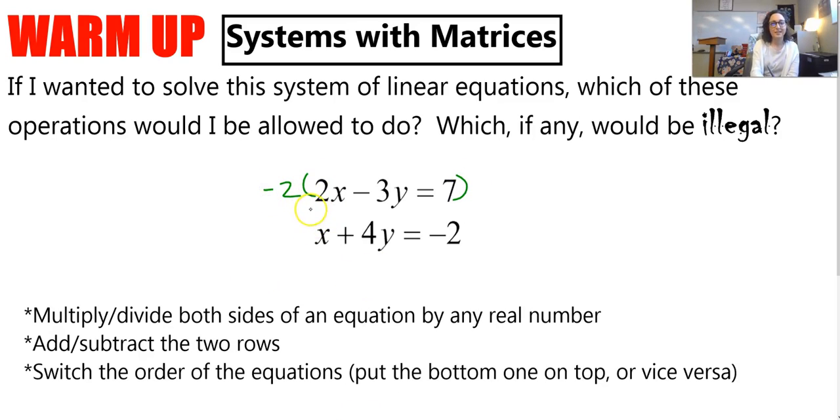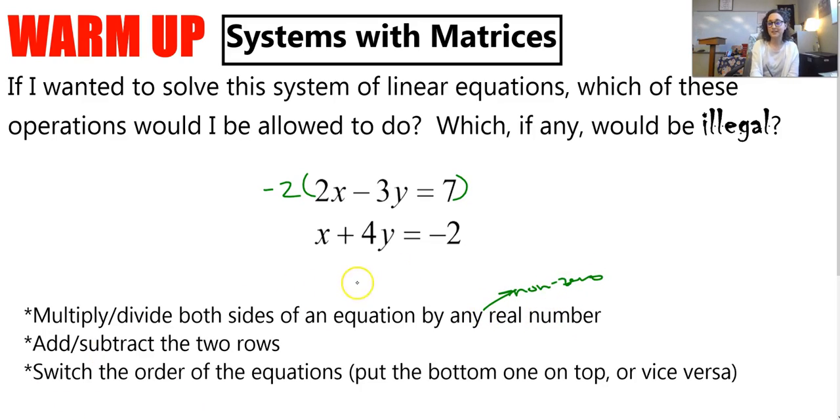What I can't do is multiply both sides by 0, because then I lose all my information. I just get 0 equals 0, which would imply an infinite number of solutions, which is not necessarily true. So this is fine as long as I make this caveat: I can multiply or divide both sides of an equation by any non-zero real number.